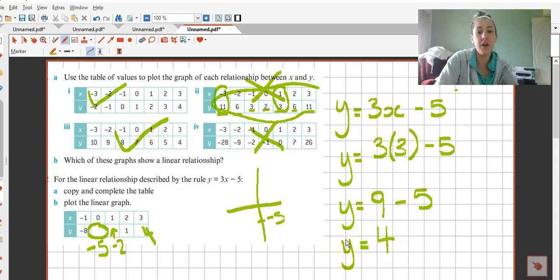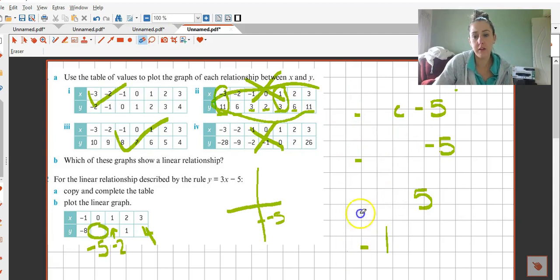All right, so then we can plot this and see the graph with the rule y equals 3x minus 5. Let's quickly do that now. Get rid of all this. We'll draw up our axes.